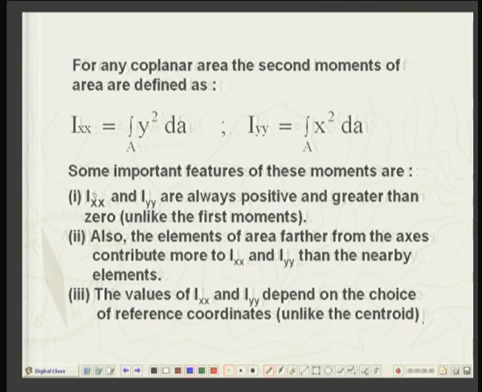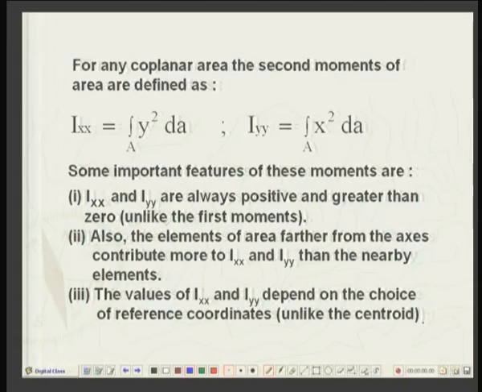Remember, in the case of first moments, the quantity could be positive, negative, or even 0, that is, first moments about this axis of symmetry came out to be 0. But in the second moments, you will not get a 0; you will only get positive numbers. That is a very important result to understand. The first moment is entirely different in that aspect.